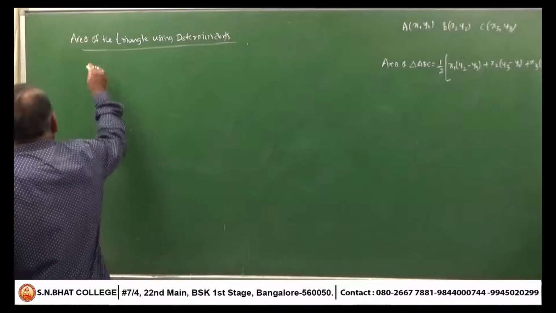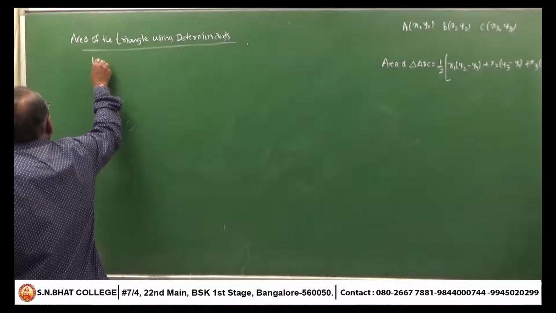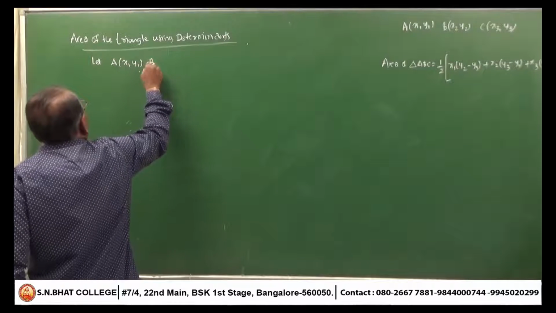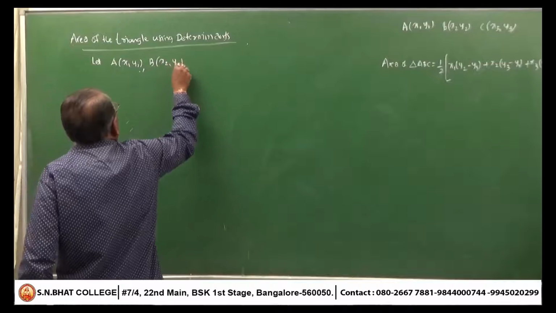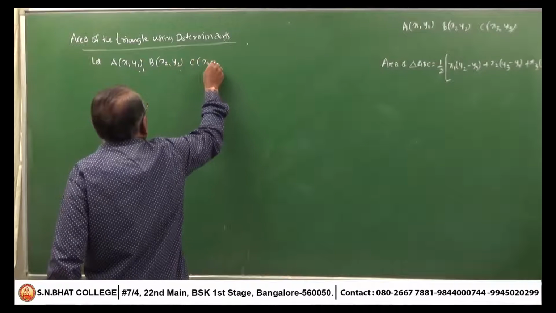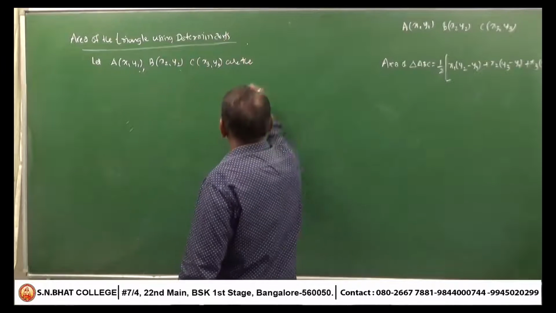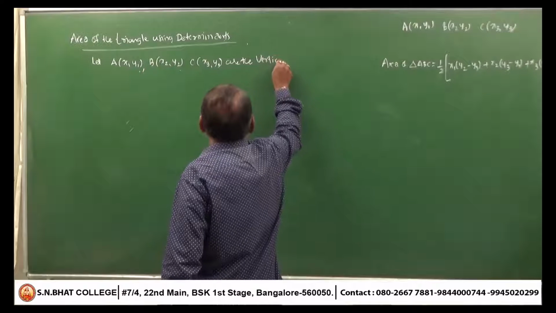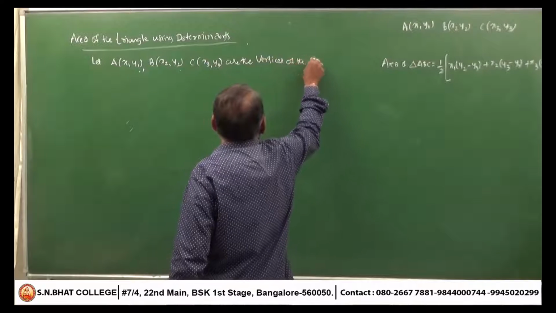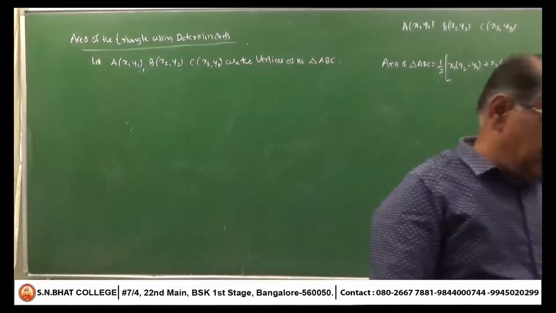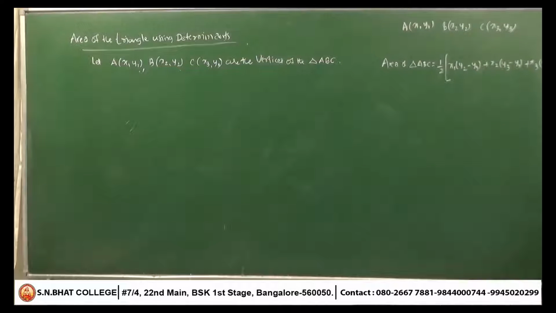Here, using determinants means you take it. Let A x1 comma y1, B x2 comma y2, C x3 comma y3 be the vertices of the triangle ABC.